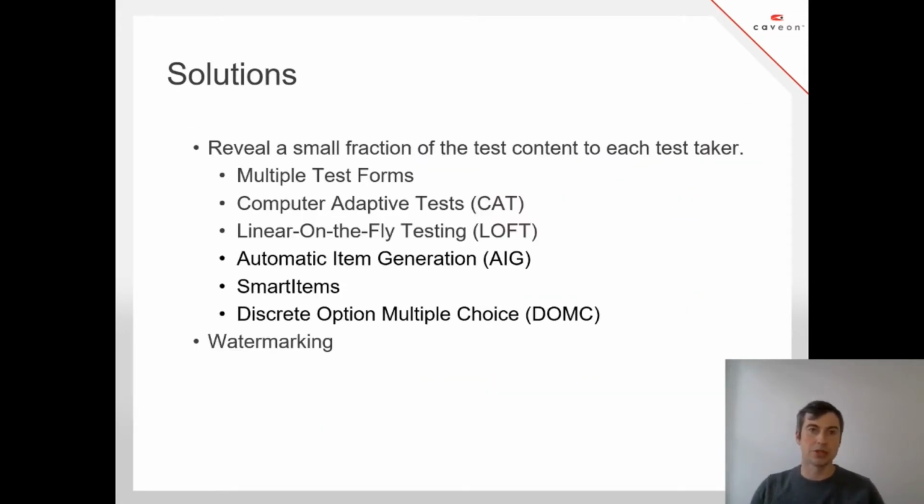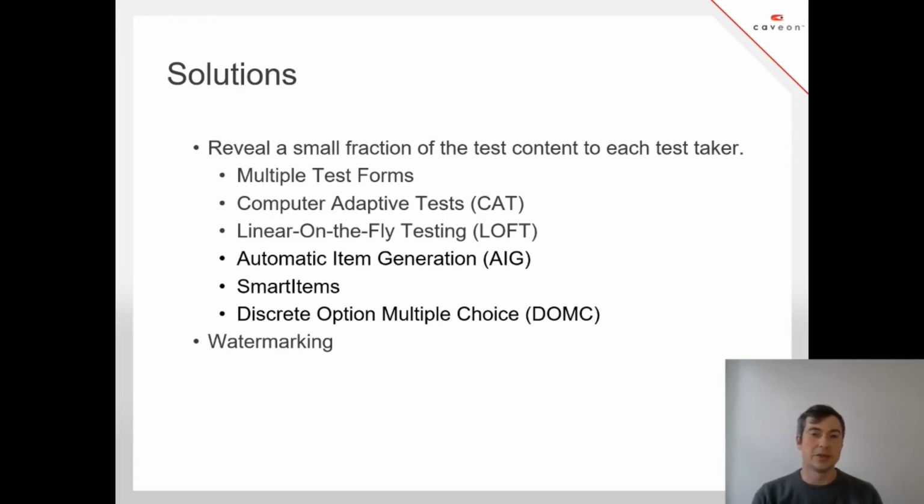So what are the solutions? There are two main approaches. In the prevention realm, the main idea is let's reveal a small fraction of the test content to each test taker. And there are a bunch of different methods to do that.